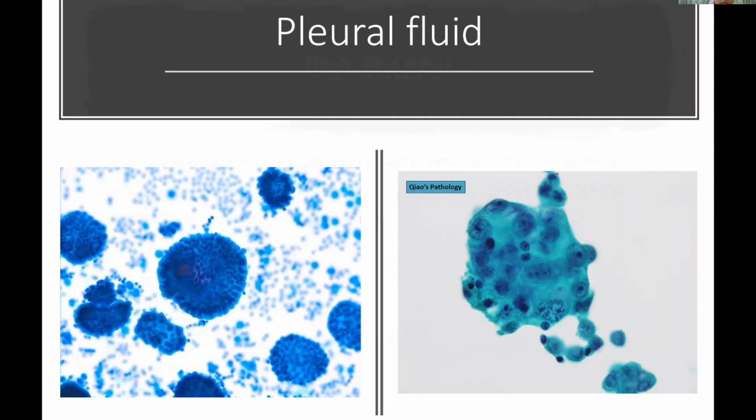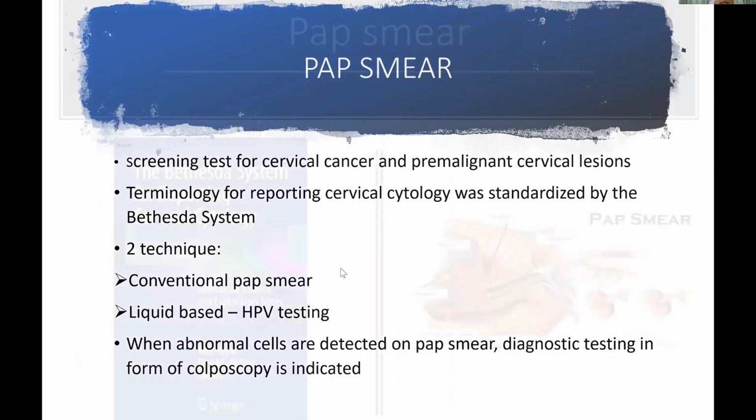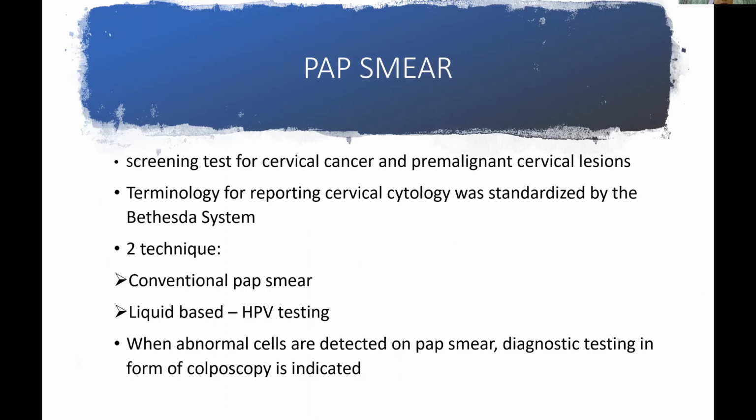Okay, the PAP smear is a screening test for cervical cancer and pre-malignant cervical lesions. Actually, cytology is a screening procedure. For the PAP smear, we have standard criteria for how to report cervical cytology using the Bethesda system.